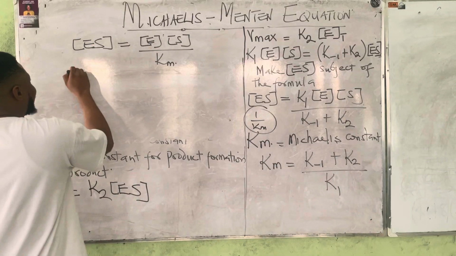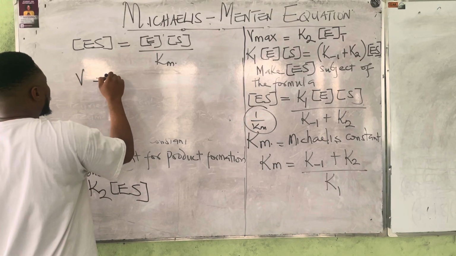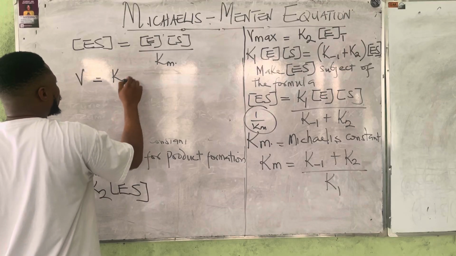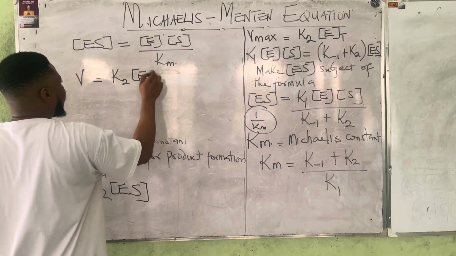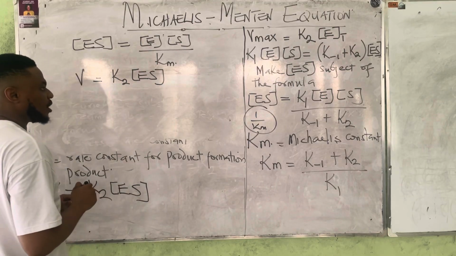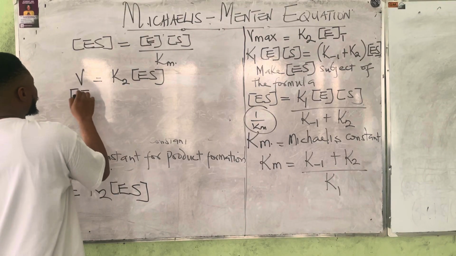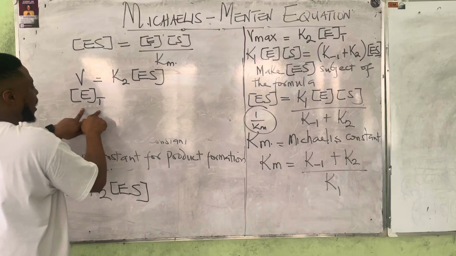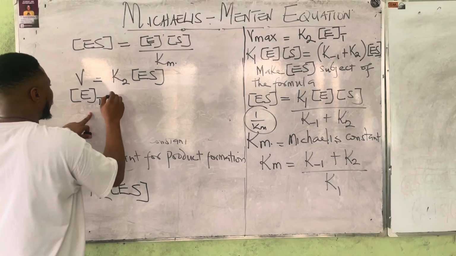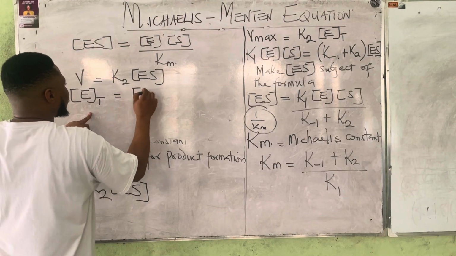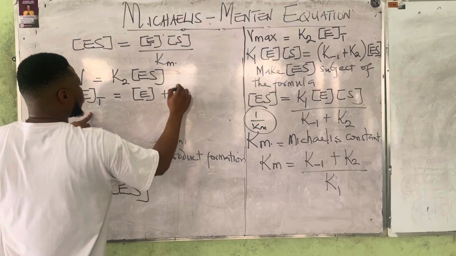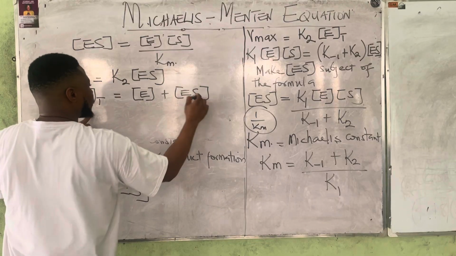Remember, I told you that V is equal to K2 times ES. Now we also have the total enzyme concentration, and the formula is the concentration of E plus the concentration of ES.